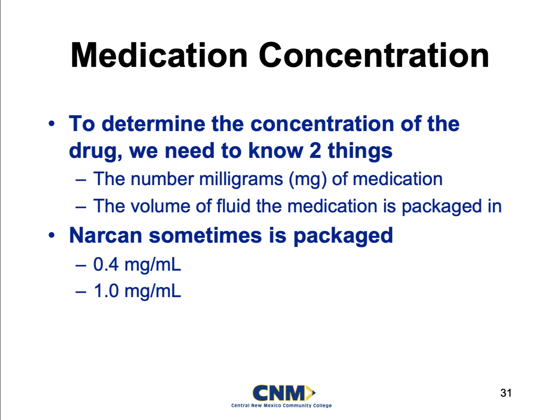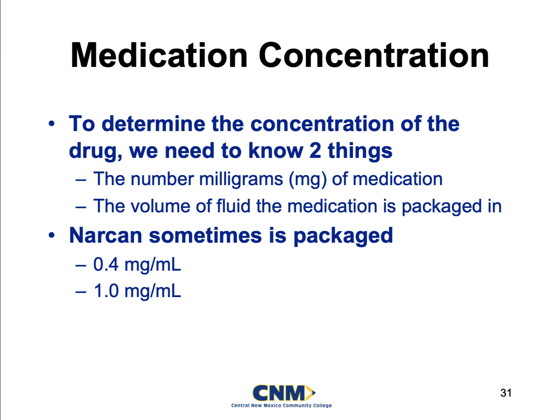Okay, so I give you Narcan. Narcan comes in a couple different flavors. Narcan either comes in 0.4 milligrams per 1 milliliter, or it comes in 1 milligram in 1 milliliter. So if I wanted to give 0.4 milligrams of the medication in the first one, I would have to pull up the whole milliliter that's in the vial.